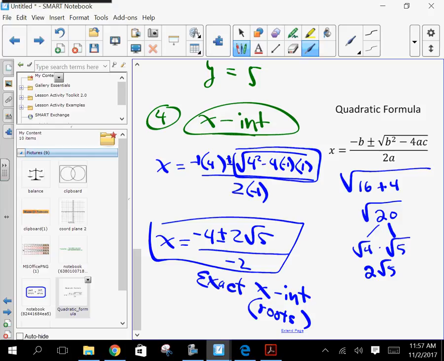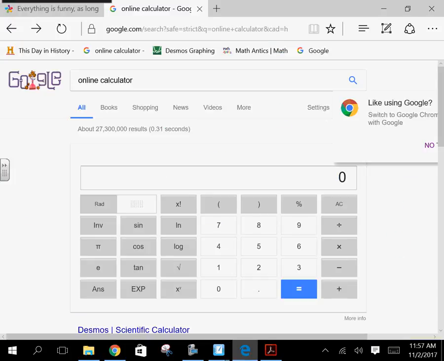Watch. -4 plus 2 radical 5. Let me press equal. Divided by -2. -0.23. So I'm rounding to the nearest hundredth. That's the second decimal. This is 5 or bigger, so it should be -0.24.